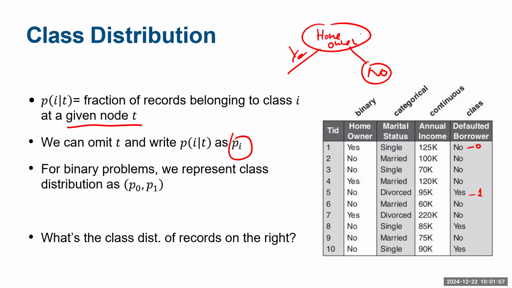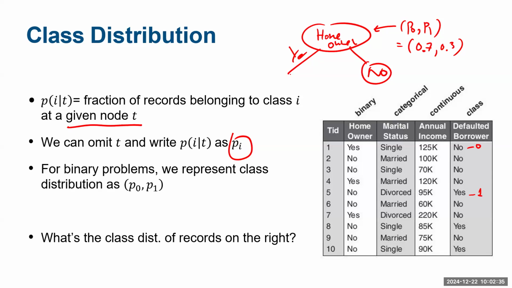So the distribution for this node is going to be P0 and P1. P0 is the fraction belonging to class 0. For this one, how many is 0? There are 7 zeros. So you have 0.7 and 0.3. This is the distribution for the node homeowner.